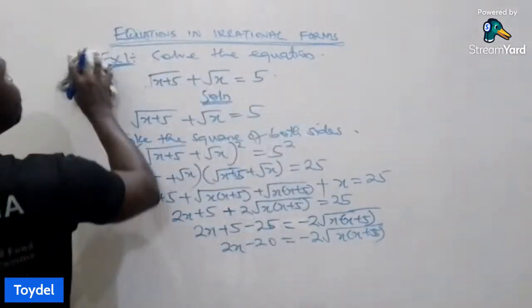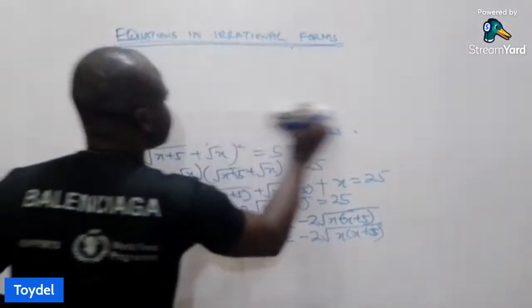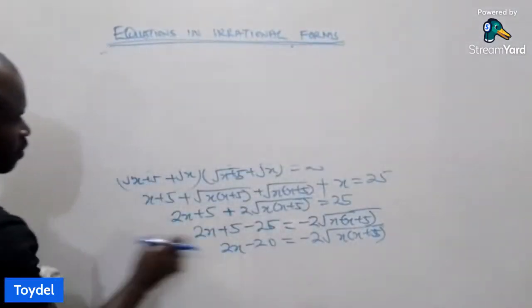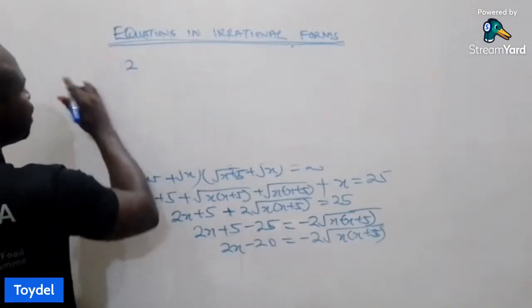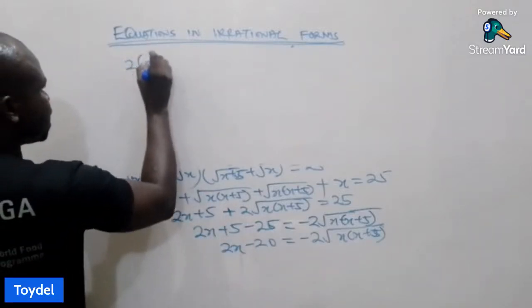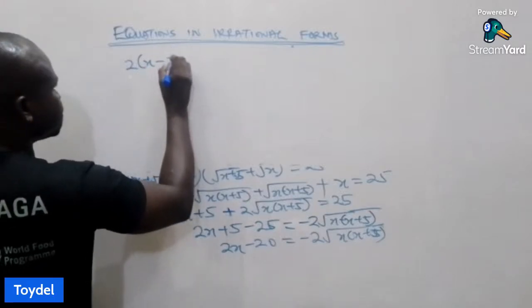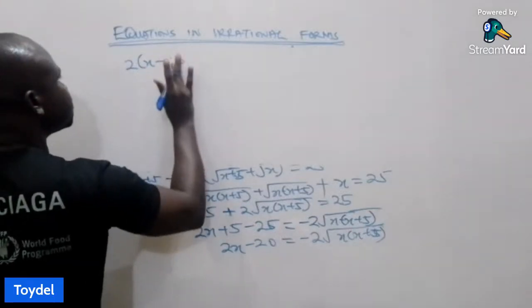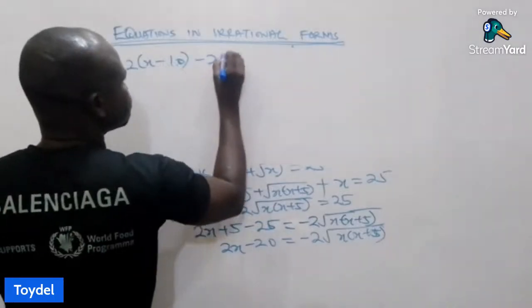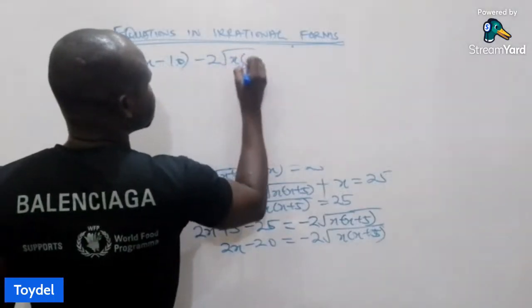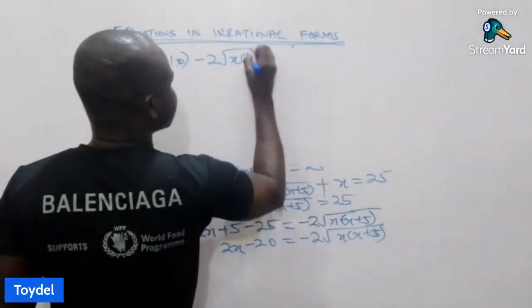Okay. So when I move from there, I can factorize it. That is, 2 is common on the left-hand side. I have 2 into bracket x minus 10. Once I bring out 2, I have x minus 10, equal to minus 2 square root of x into bracket x plus 5.